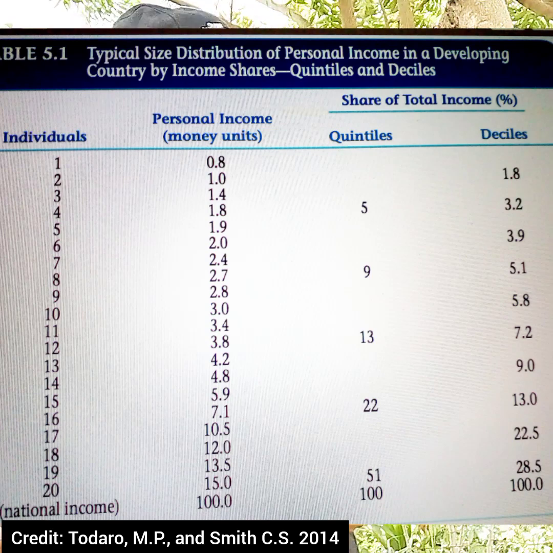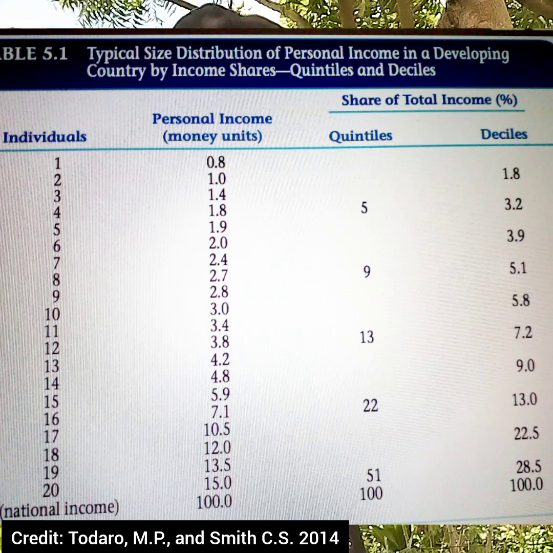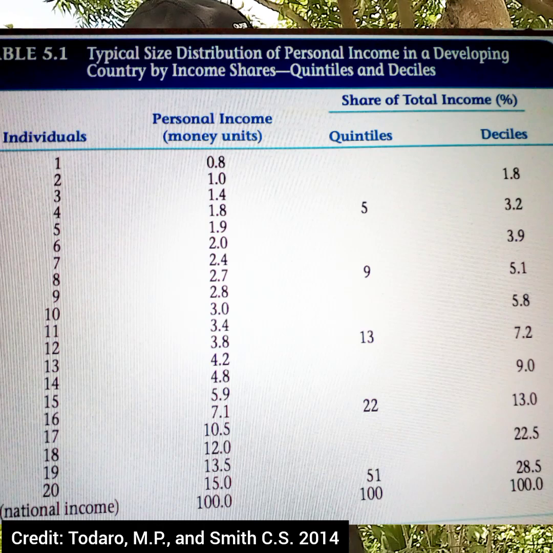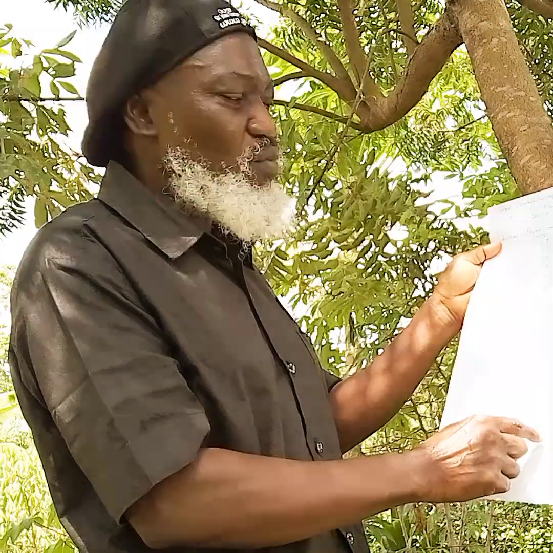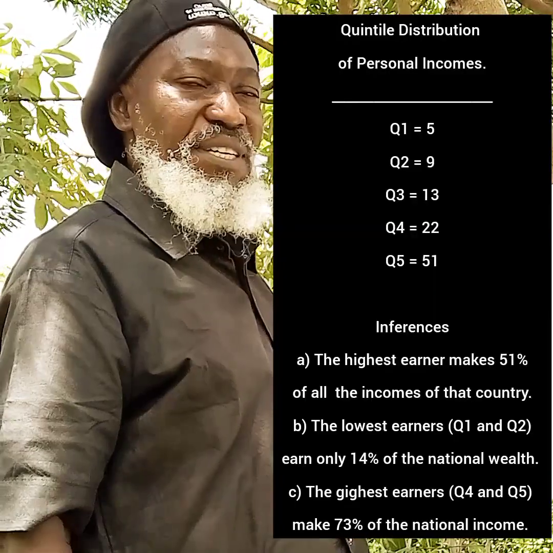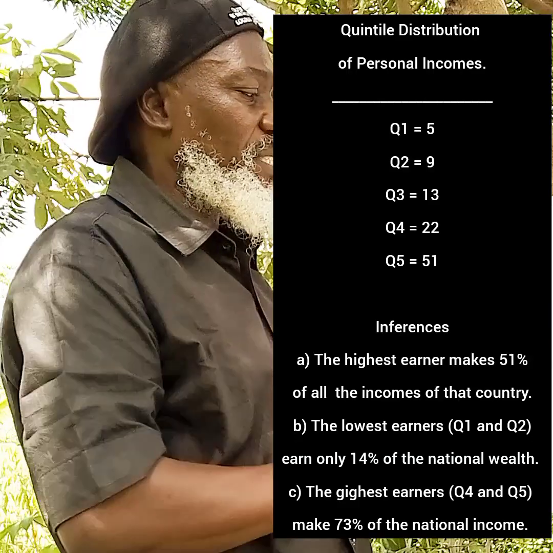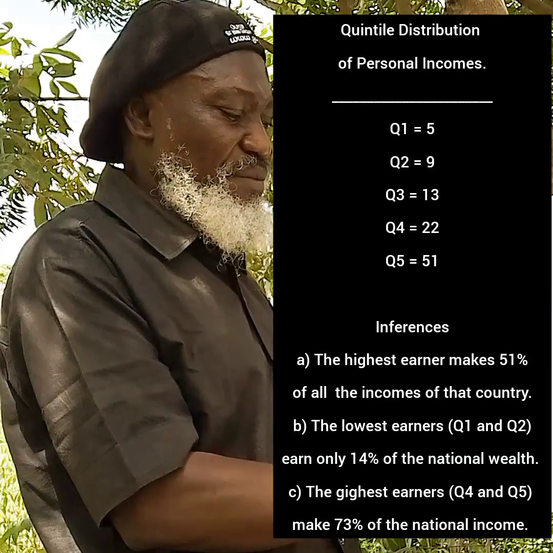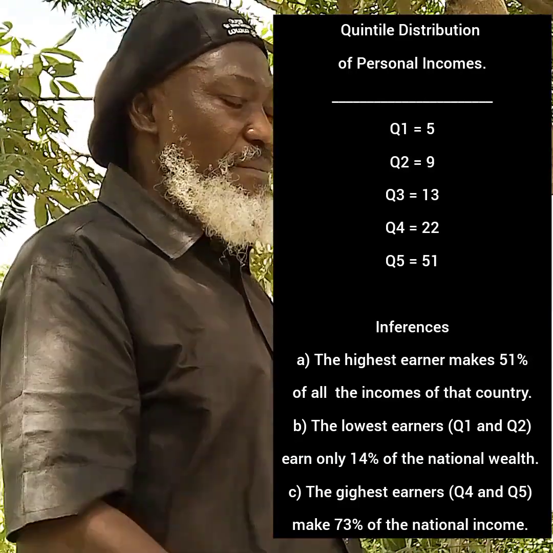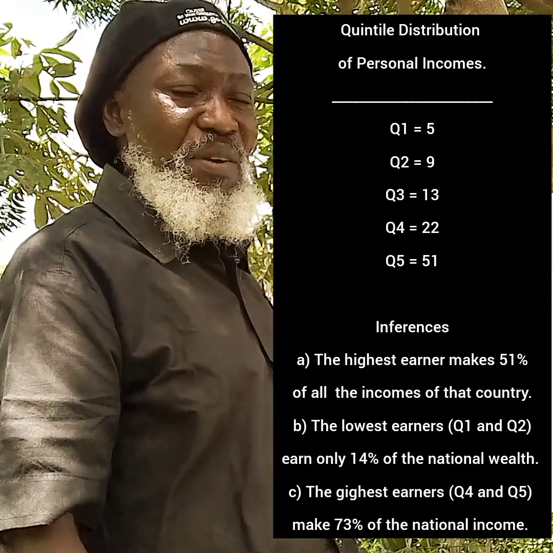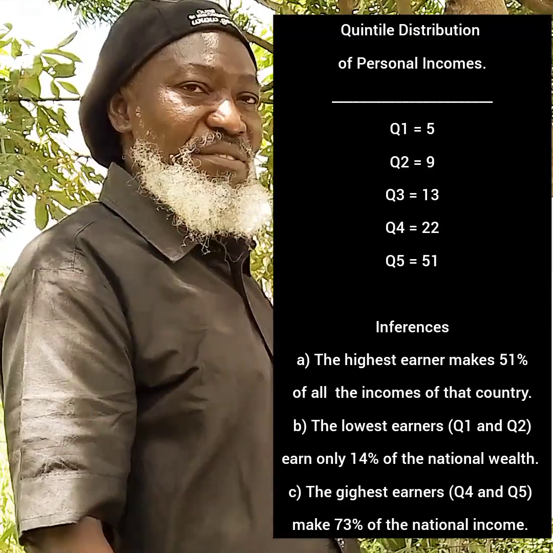You find out that per the differences, those in the 5th quintile actually make as much as 51% of the income, whilst the first quintile is just 5%.